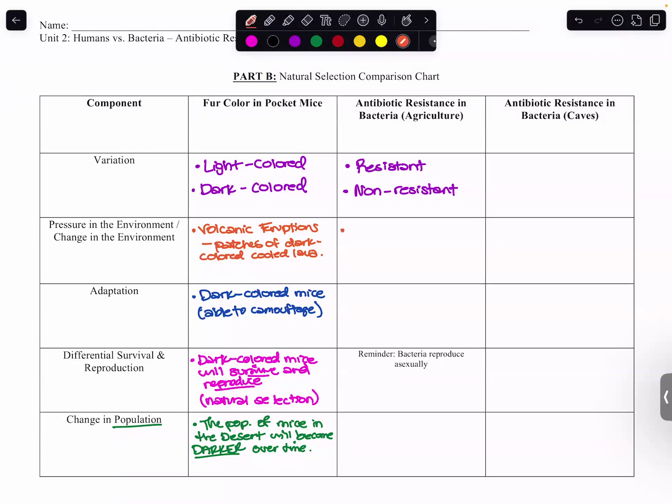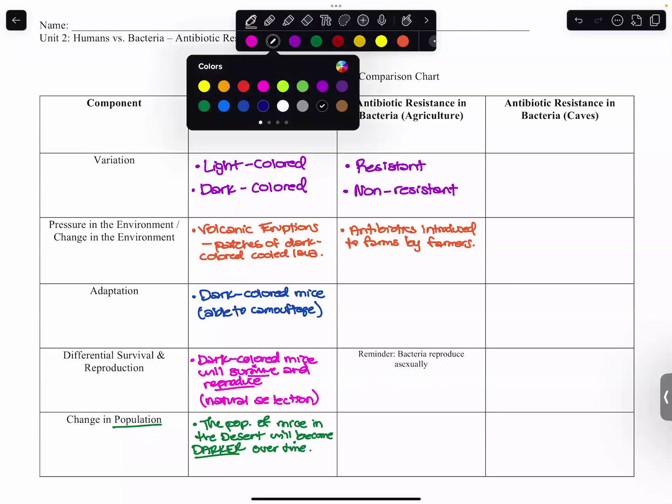Well, the farmers administered antibiotics. So antibiotics introduced to farms by farmers, right? The environment would essentially be the same if they didn't add the antibiotics, but now that they've added the antibiotics, there's a change in the environment, there's a pressure in the environment.